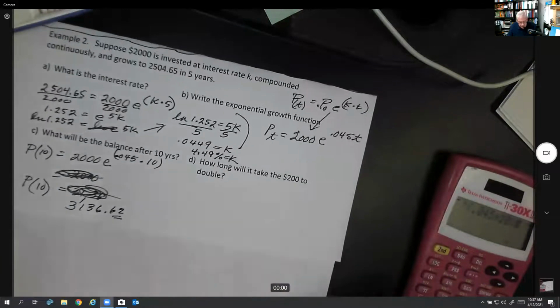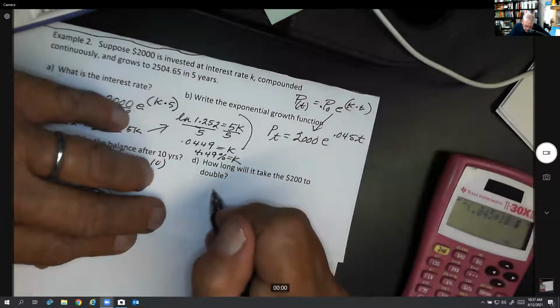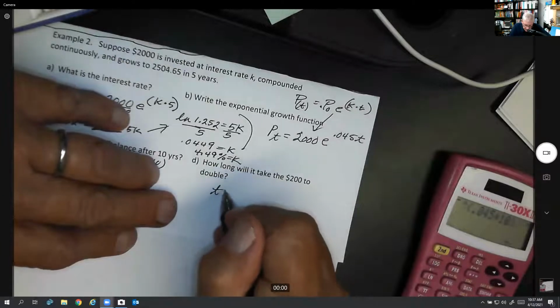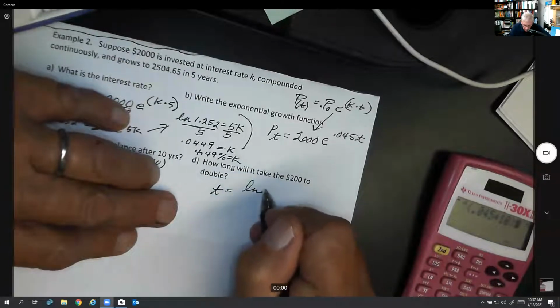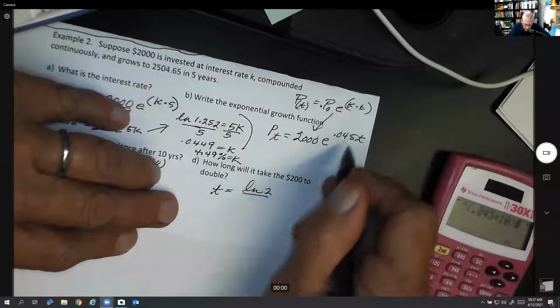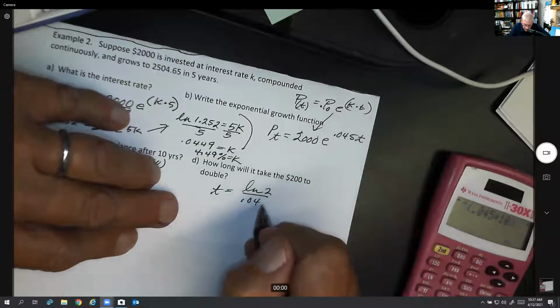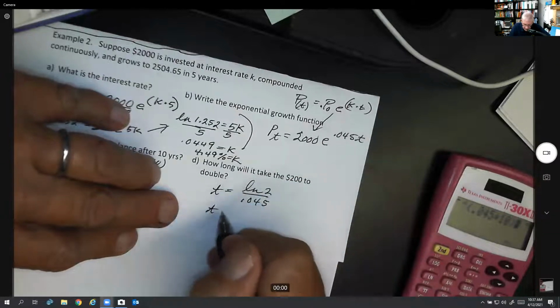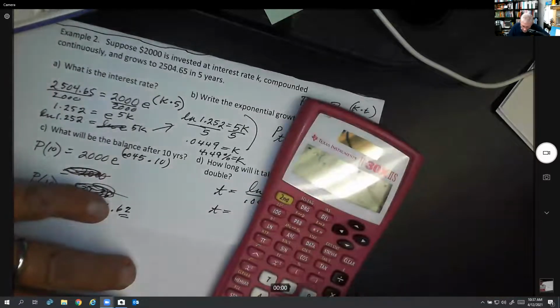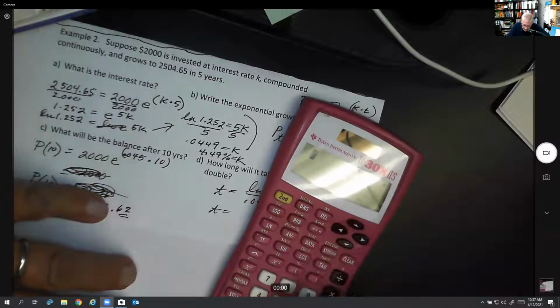And how long will it take it to double? t equals ln2 over, and we use the 0.045, and that'll give us the time to double. Clear this out.